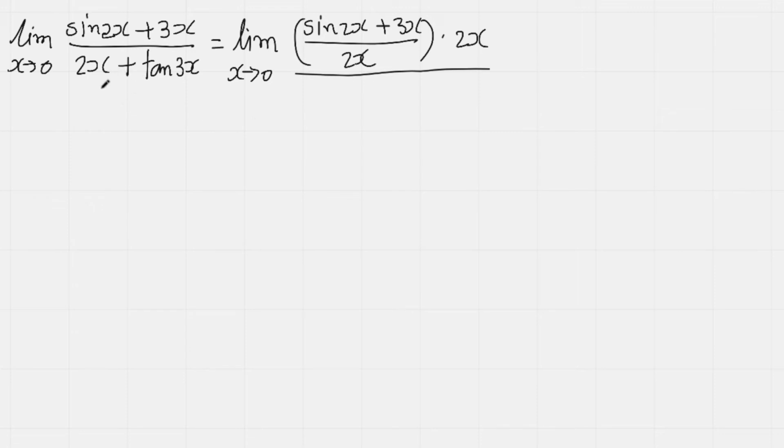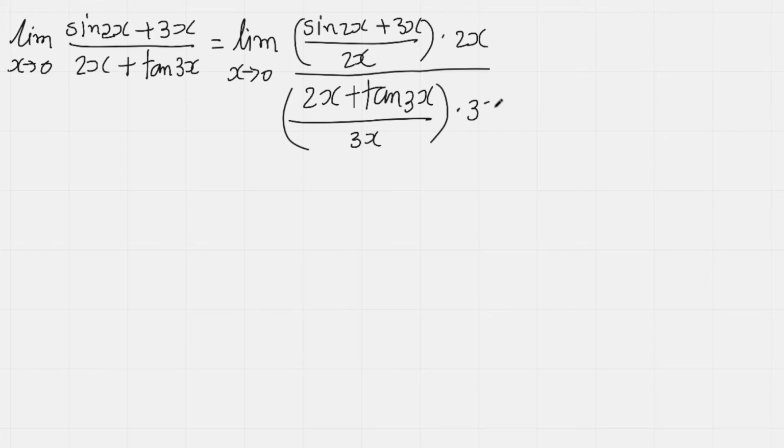So let us divide the denominator by 3x and multiply it also by 3x. So in the denominator we will have 2x plus tan 3x, whole divided by 3x, and let us multiply it by 3x.